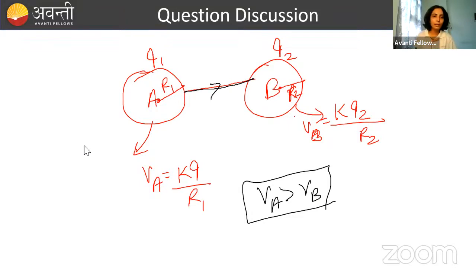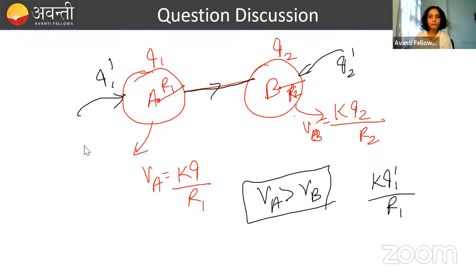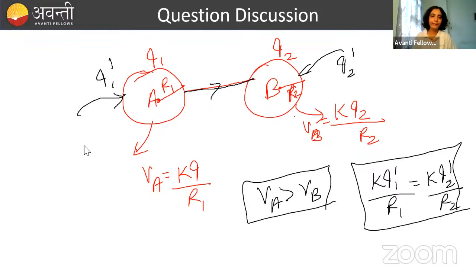So suppose कर लो कि after connection, new charge on A is Q1 dash and new charge on B is Q2 dash. Done. So now what will happen? K Q1 dash by R1 should be equal to K Q2 dash by R2. Potential must be equal since they are connected. And also initial charge on 1 was Q1, on 2 was Q2.